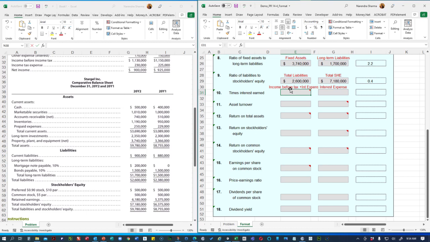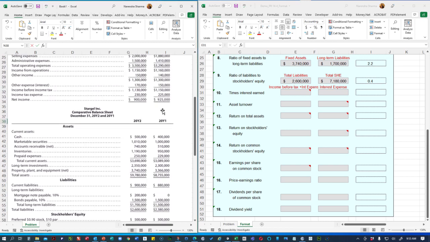Okay, so first we are doing income before tax. You will be able to find the income before tax in your income statement, of course. So if you look at the income statement, it says income before income tax is 1,130,000. So that's what I'm going to use, equal to 1,130,000 plus interest expense.